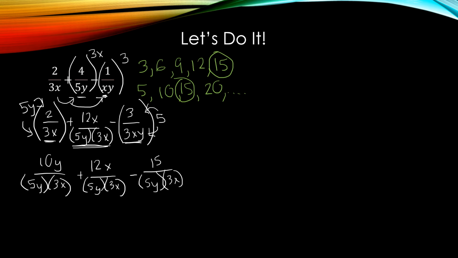And I can simplify that and just say 15xy, or yx. And then I can finally carry out the numerator because the denominators are the same. So I'm just going to carry that out now and see that it's 10y plus 12x minus 15.